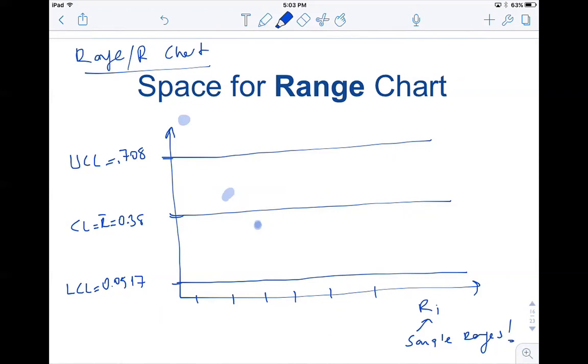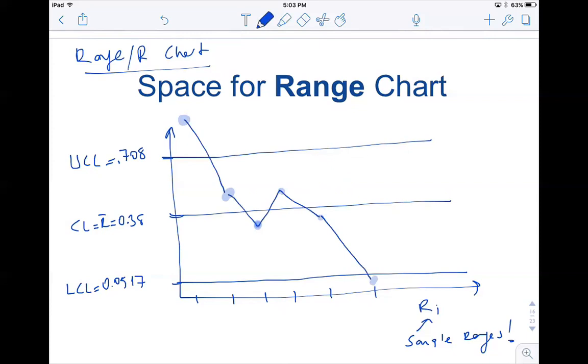My fourth one is 0.41, slightly higher than my center line. 0.33 is my fifth one, sorry, somewhere here. And the last one is 0.03. 0.03 is smaller than my lower control limit. Okay, so let's connect them by using a straight line.